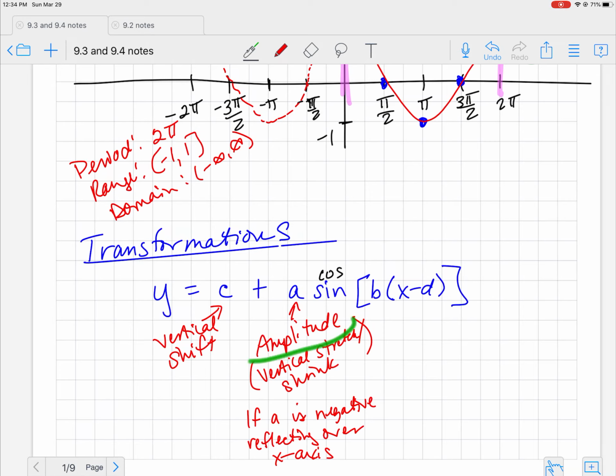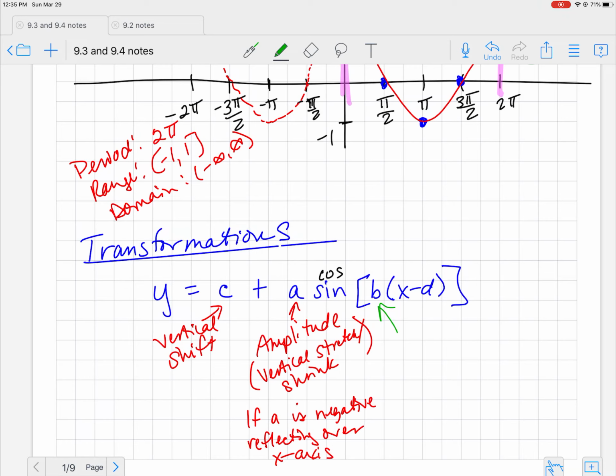Exact same thing that you think would happen, right? So far, none of this is brand new information. We're taking previous information and putting it into this trig function. The only thing that's brand new is we're now calling our vertical stretch and shrink an amplitude. It's just a different word for the same thing. All right?